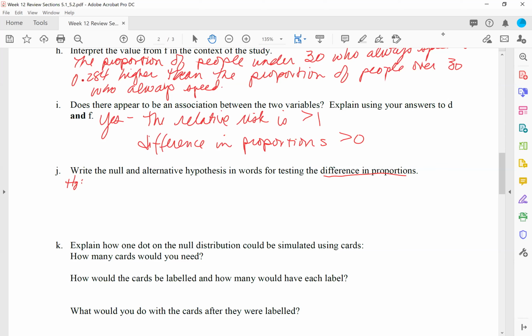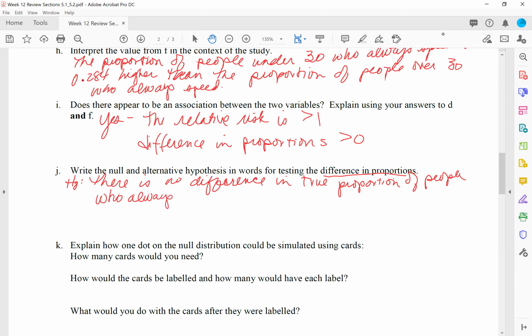So in terms specifically of differences in proportions, we can say that there is no difference in true proportion of people who always speed for those under 30 and those over 30. And we are looking at under minus over.